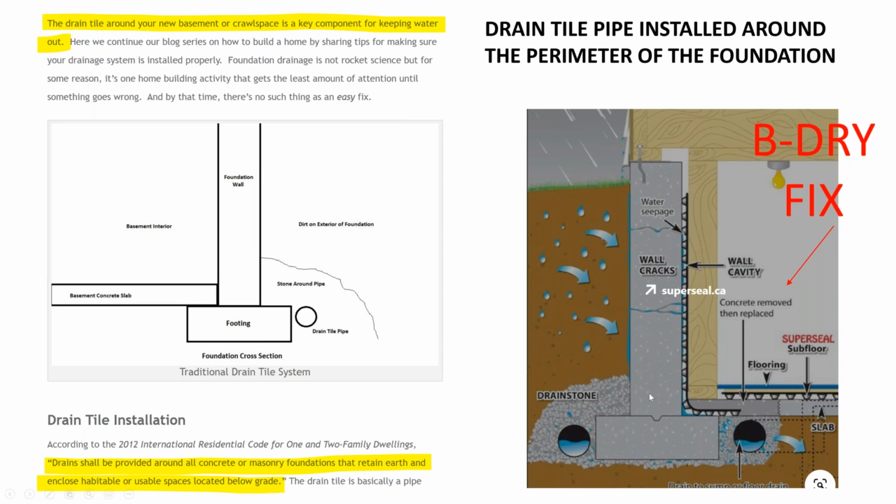A lot of good builders, it's not always required, but good builders will usually put a drain tile on the inside of the foundation wall as well as the outside of the foundation wall. If you have ever seen somebody come in and waterproof a house, B-Dry will do it typically, they will cut a drain tile in the perimeter of the inside of the basement.